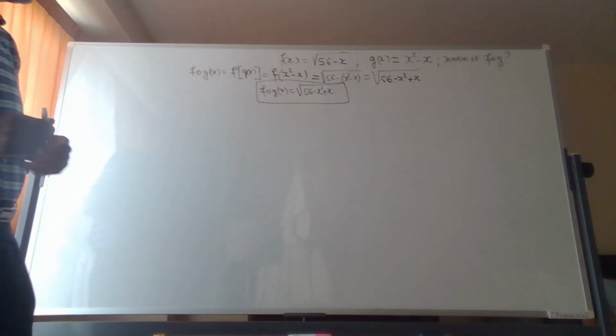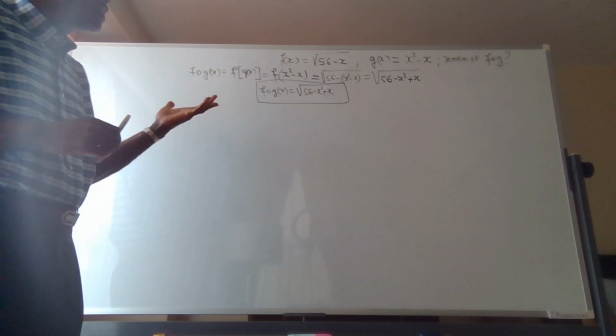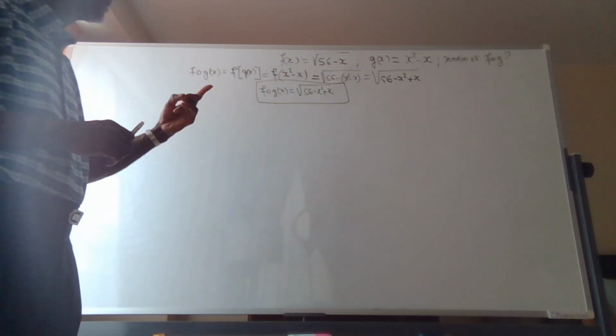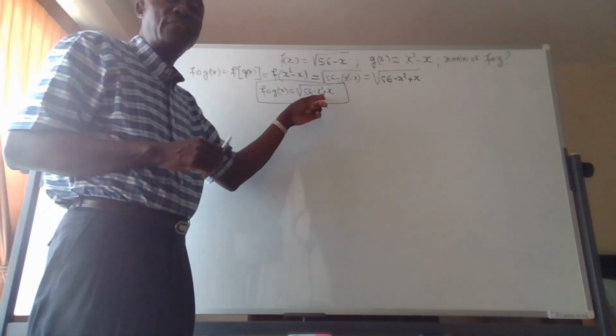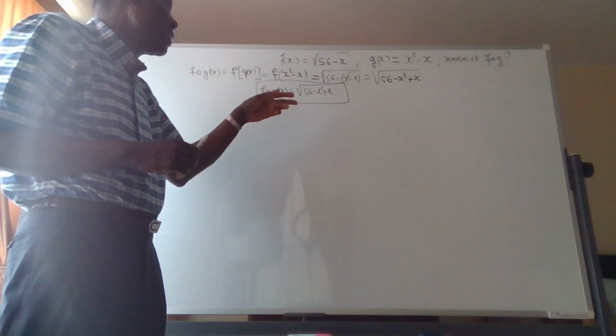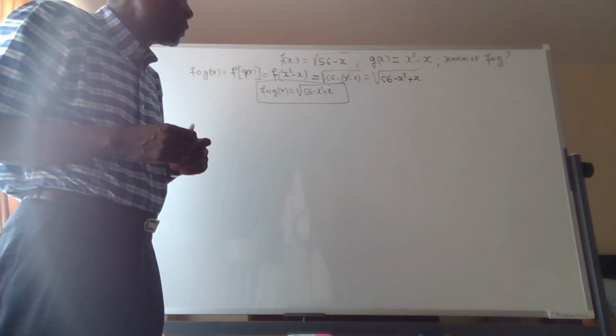And the objective is to find the domain of that function. The domain of that function is going to be all the values of x for which the square root is defined. That means basically that the square root is defined when whatever is under the square root is positive or zero.